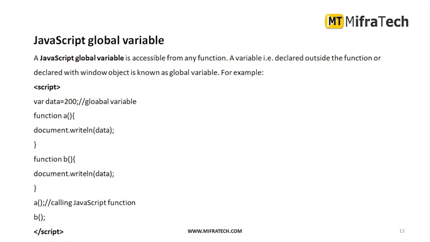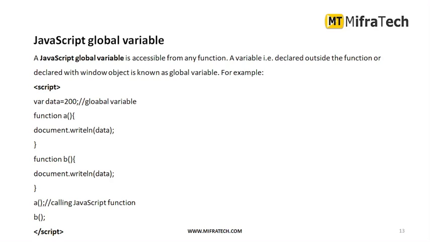Global variable. A JavaScript global variable is accessible from any function, inline or block, it does not matter. It is accessible by any function. A variable that is declared outside the function or declared with the window object is known as a global variable. For example, you can see we have declared a variable data equal to 200. Then we have a function that does document.write(data), and we close the function.